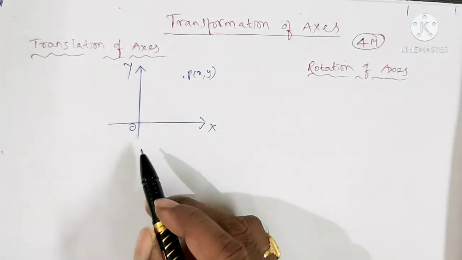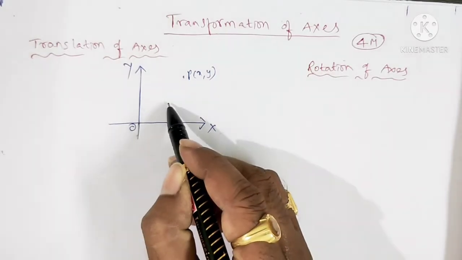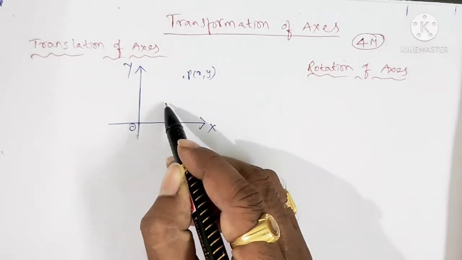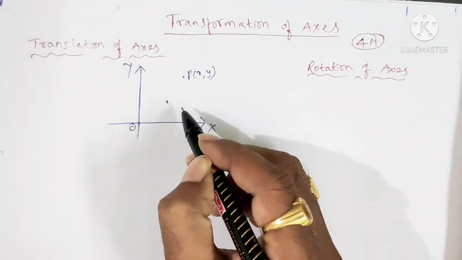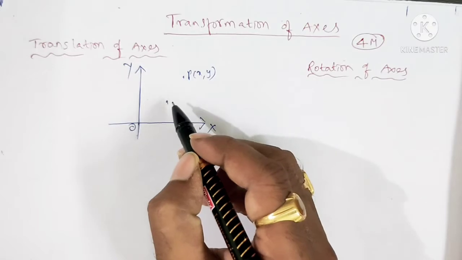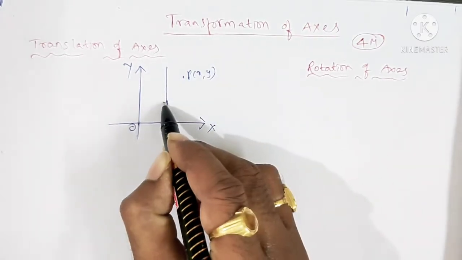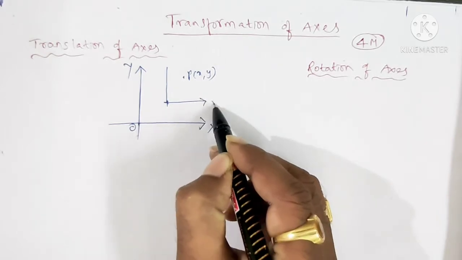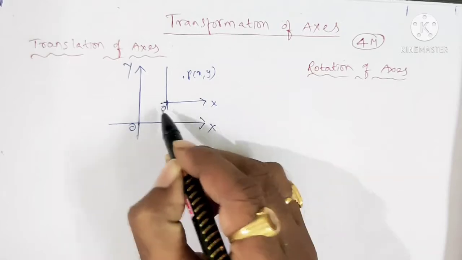Now, if this origin is shifted to some other point h comma k, then we get a new system, where the new origin we consider as O dash.